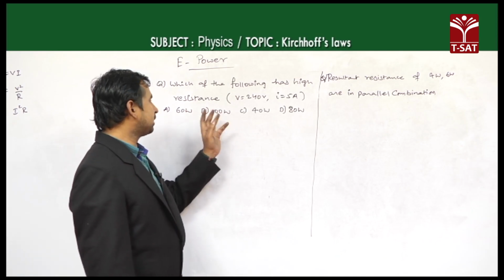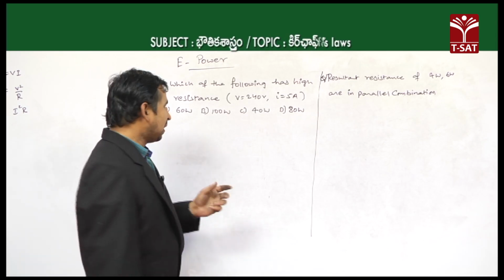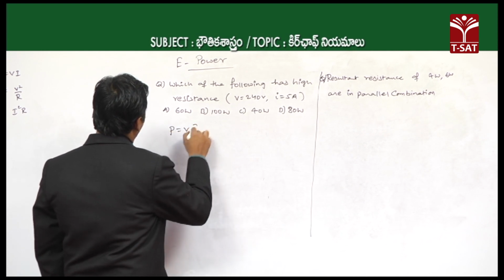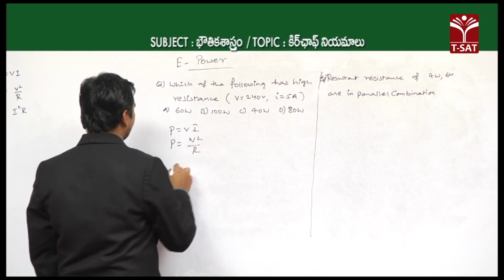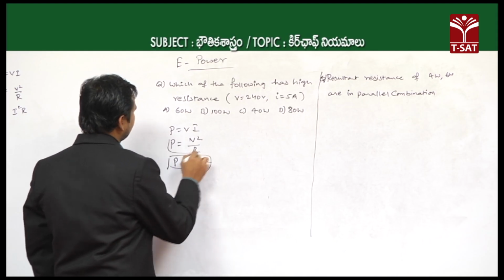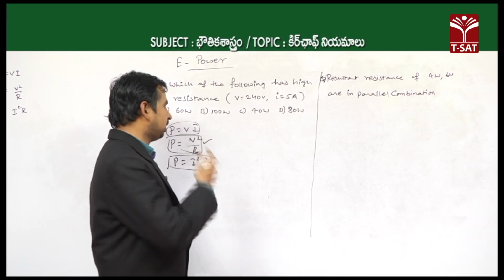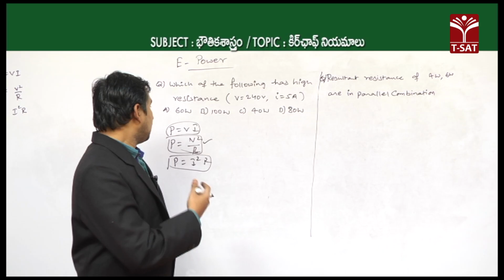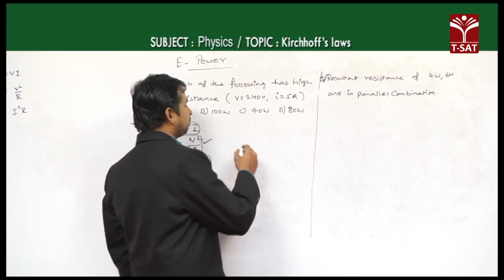Which of the following has high resistance means the resistance value has to be more. We know the power formulas: P is equal to V into I, V square by R, and I square R. When the voltage is fixed, which is 240 volts, the power and the resistance are inversely proportional to each other.